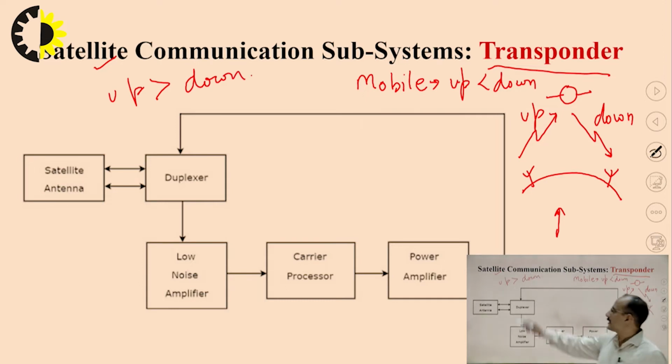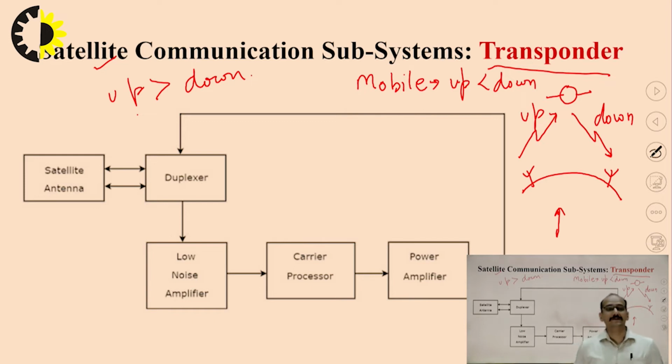The main reason behind this higher uplink arrangement, first, is power. To penetrate the outer atmosphere of the Earth, the signal requires high power, and high power means a high frequency signal is required. To generate a high frequency signal we require much power, and that much power is not available on the satellite.